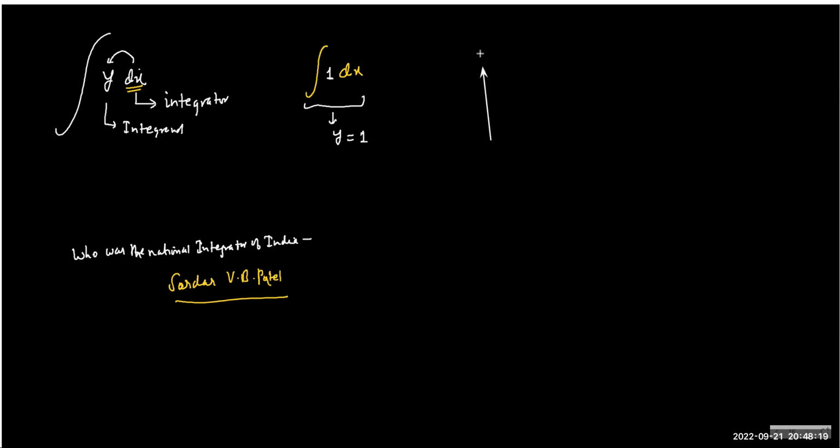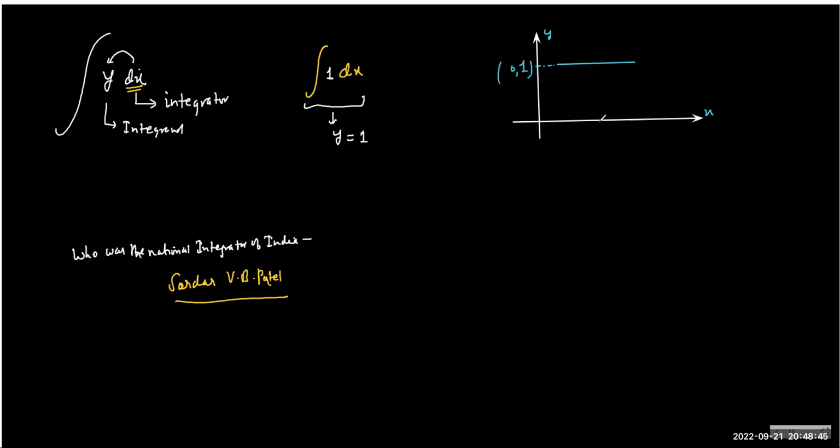Let's go back to the graph. How will the graph of y equals 1 look, guys? A line which is parallel to the x-axis, yes or no? And the height of this line will be 1.